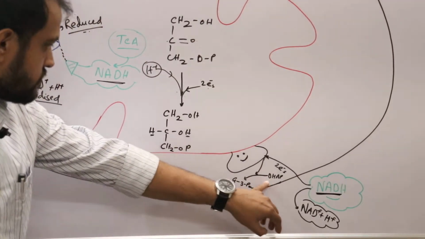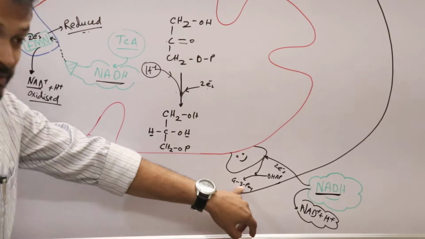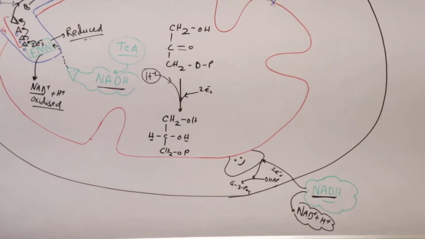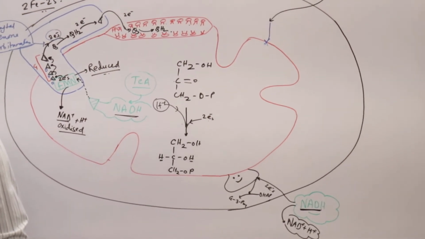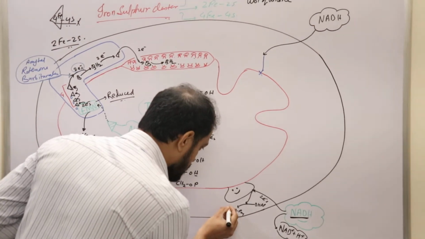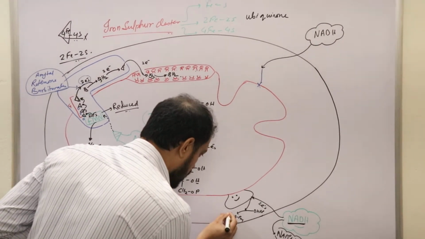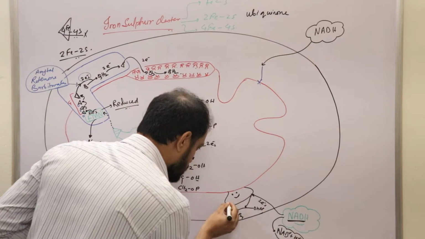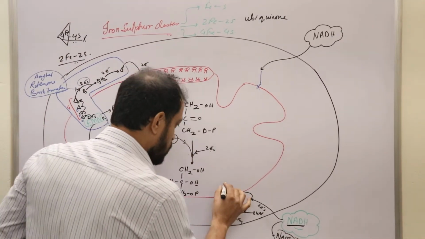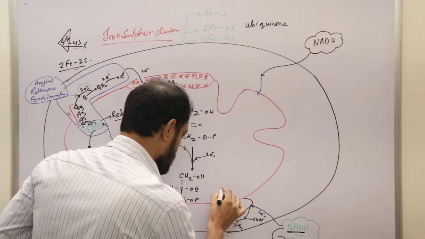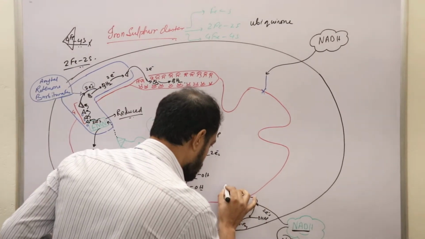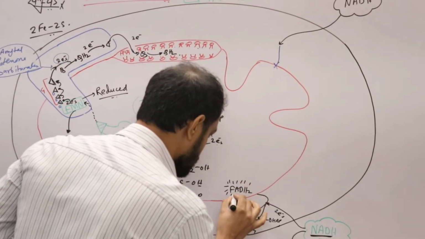Now listen, what will happen is, this glycerol 3-phosphate will now donate its electrons via this protein to FADH2. From where does this come, right?